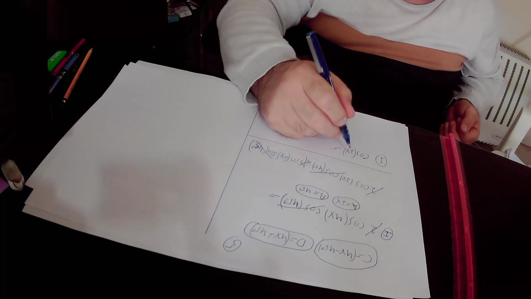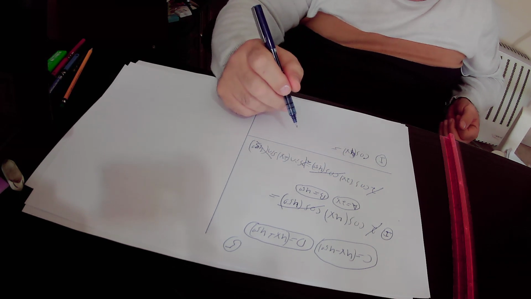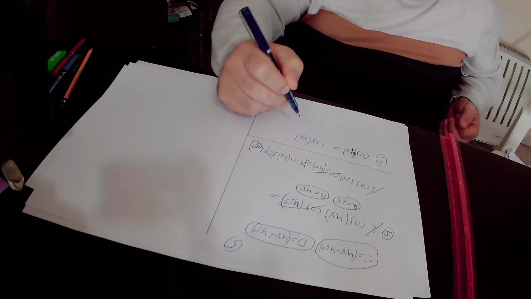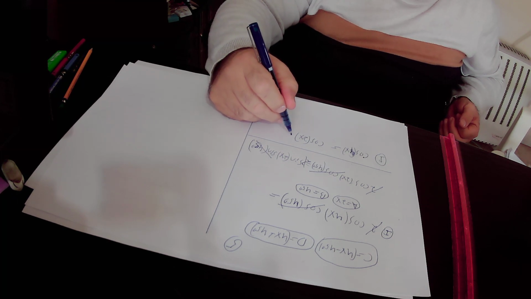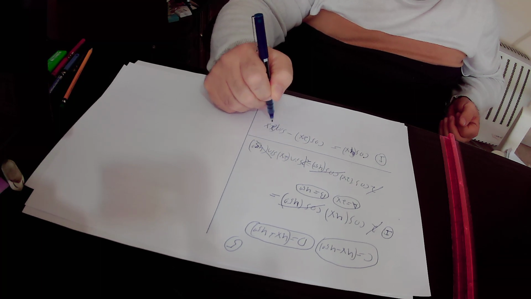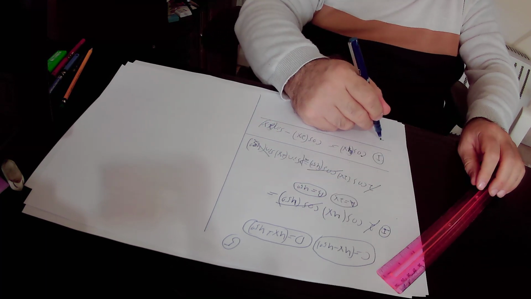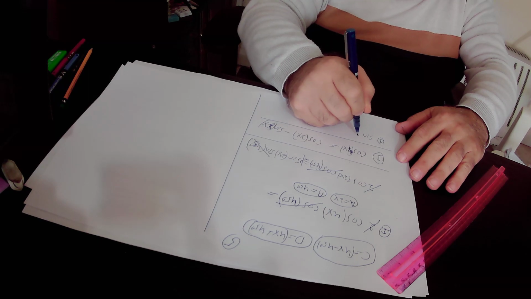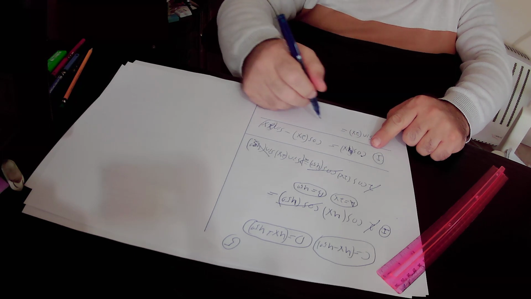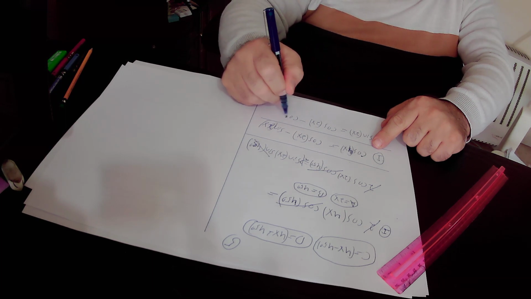cosine 4x equals cosine 2x minus sine 2x. So here we will add sine 2x to this equation number 1, and we will subtract also cosine 4x, and we get sine 2x equals cosine 2x minus cosine 4x.